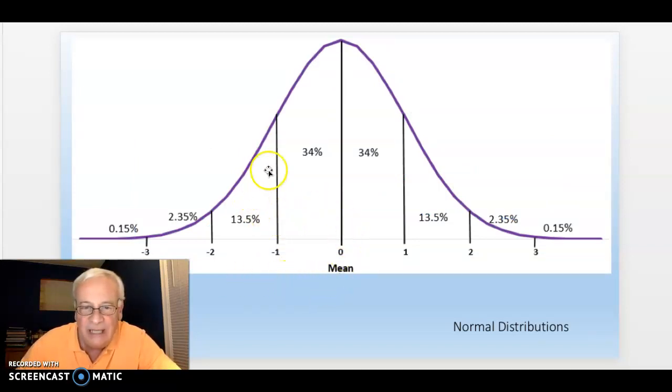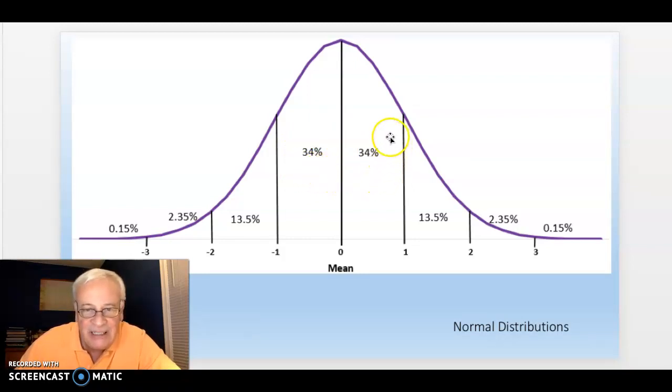If the data is normally distributed like this, the mean is right in the middle here. One standard deviation above the mean, 34% of the data falls right in there. And one standard deviation below the mean, 34% of the data falls in there too. All these percentages that you see here always stay the same.